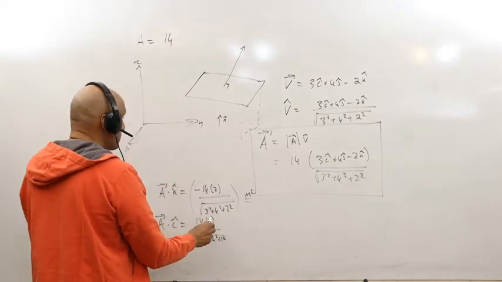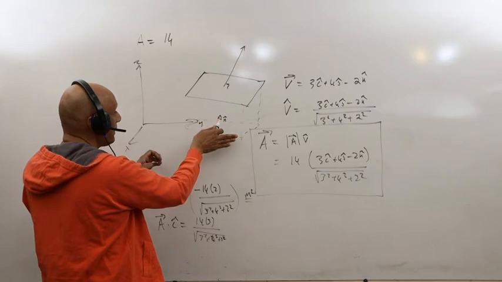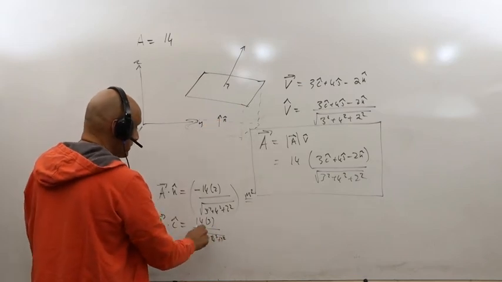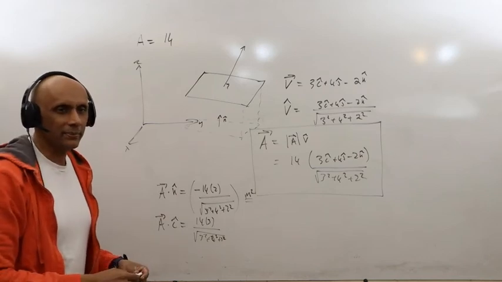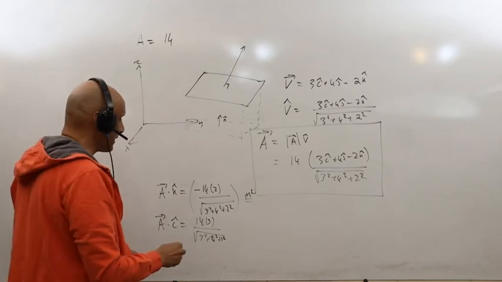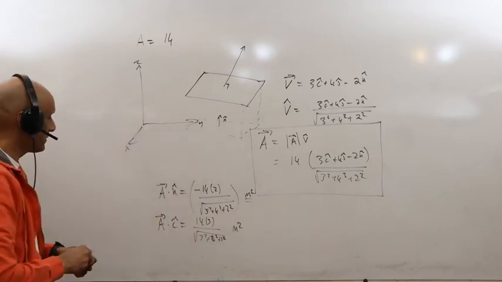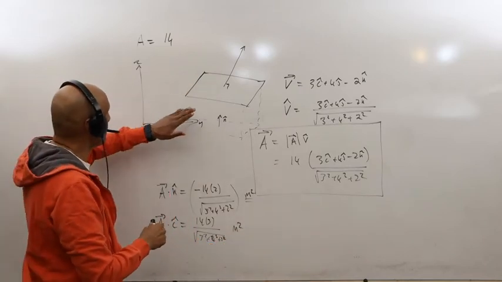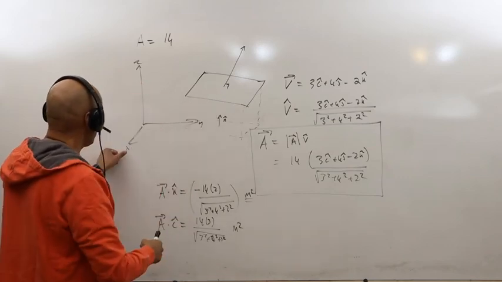Whatever the answer is, this rectangle projects into a parallelogram, and the area of the parallelogram is this number. And don't try to calculate these numbers. That's not the purpose. The purpose is just to make sure that you understand where everything's coming from. So it's meters squared. The rectangle projects into the yz plane, and perpendicular to the yz plane is along the x-axis.